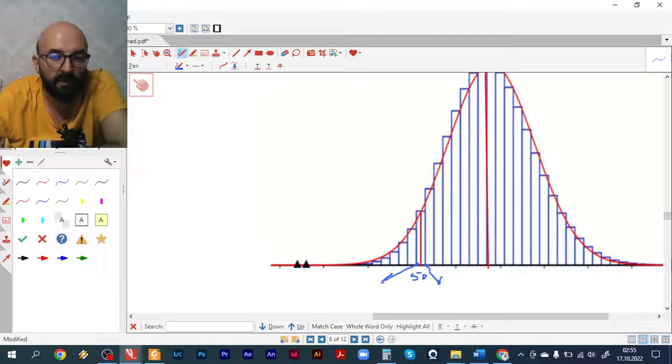So this bound point is 49.5. This bound point is 50.5.